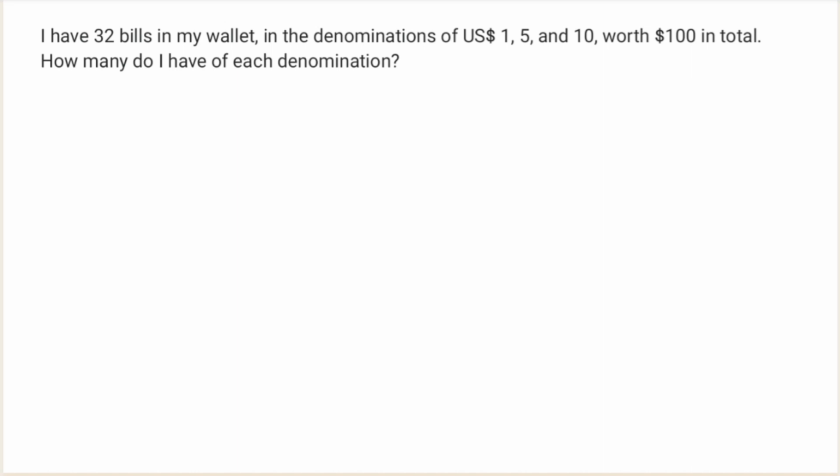So, as usual, we can say let x be the number of $1 bills, and then let y be the number of $5 bills, and let z be the number of $10 bills. Then an easy equation we can write is that x plus y plus z equals 32.